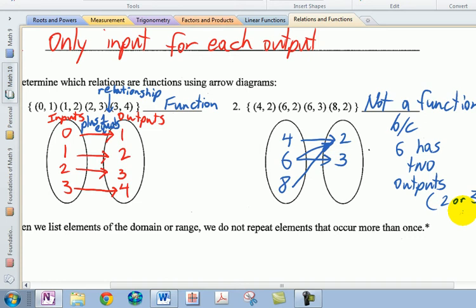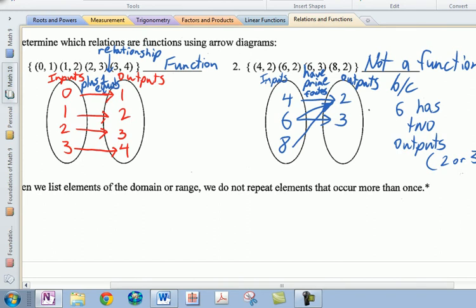Now, what's the relationship here? The relationship is these inputs have prime factors of these outputs. So one thing to note is that we didn't list 2 and 3 more than once.